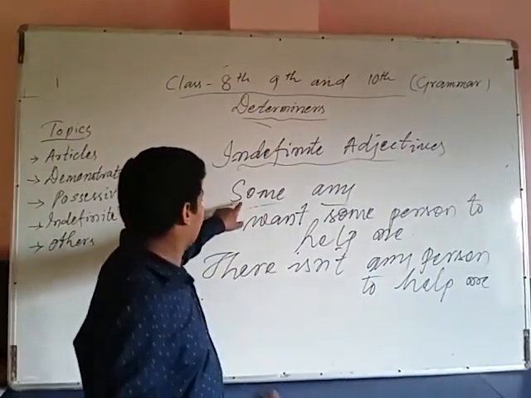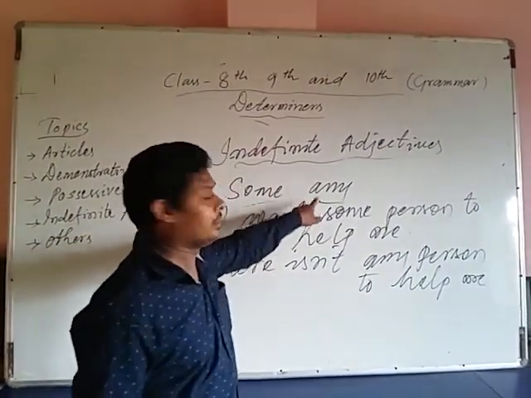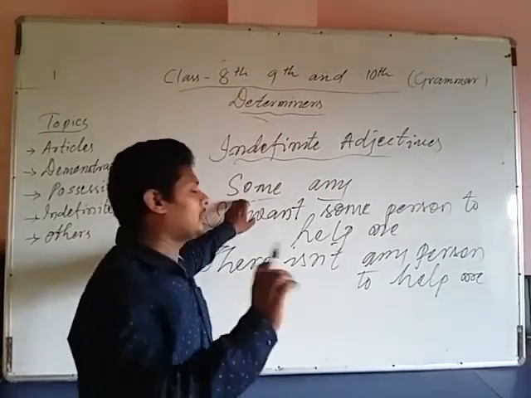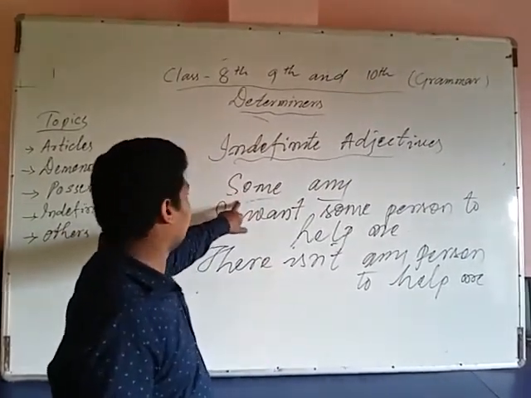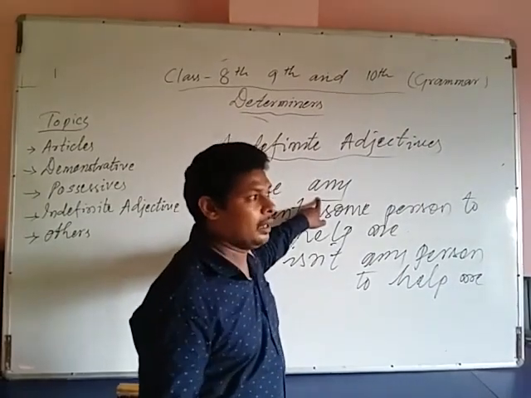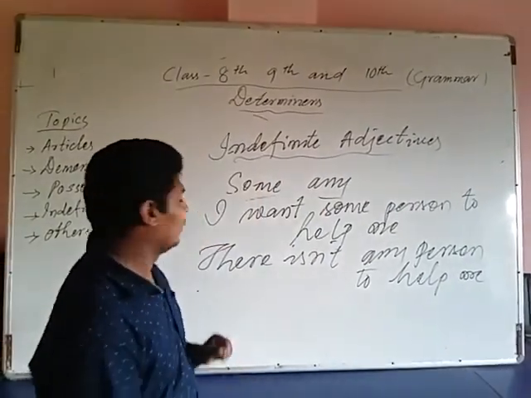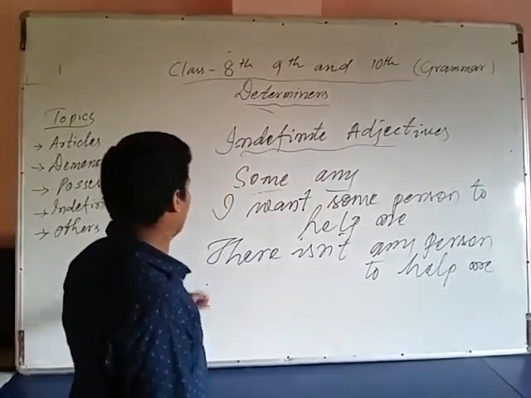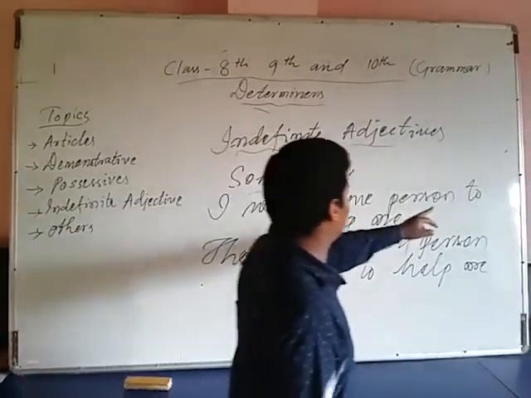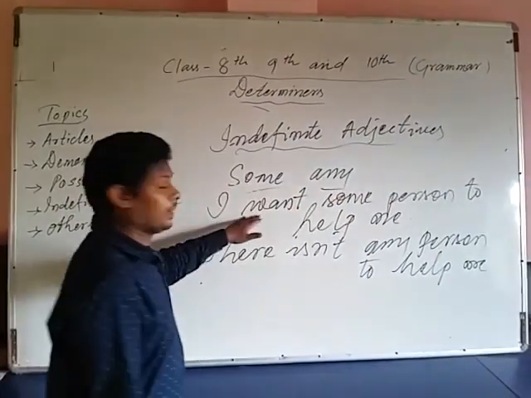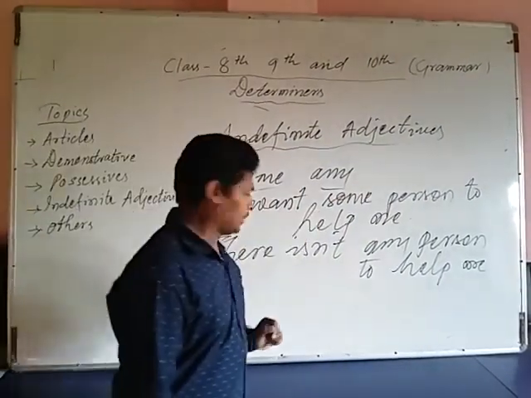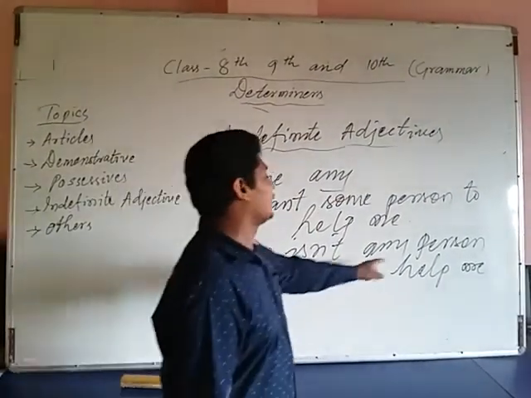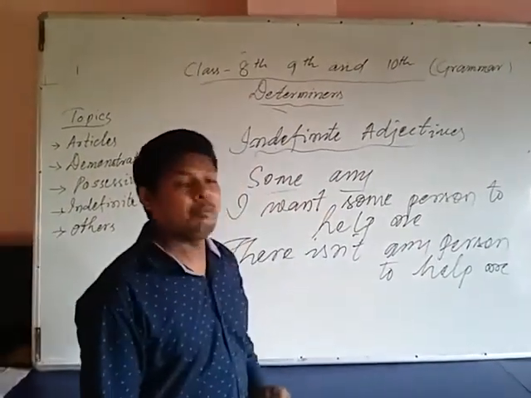हम हमेशा जानते हैं कि सम और एनी में डिफरेंस क्या है. सम हमेशा पॉजिटिव सेंस में इस्तेमाल होता है और एनी हमेशा नेगेटिव सेंस में इस्तेमाल किया जाता है या क्वेश्चन सेंटेंस में इसका इस्तेमाल किया जाता है. वैसे आई वांट सम पर्सन टू हेल्प मी. हियर माय नीड इज सम पर्सन एंड देयर इजंट एनी पर्सन टू हेल्प मी.